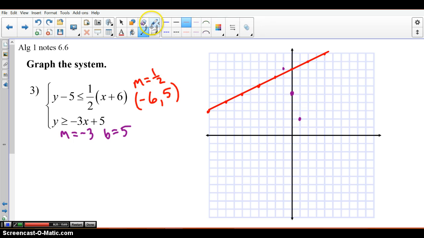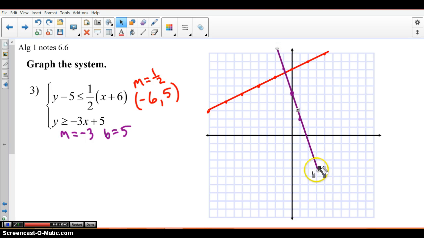So I'm going to go ahead and sketch this line. Now again, we have a solid line for the same reasons that we've had before. Whenever you have an equal to situation, not just a greater than or a less than, we're talking about a solid line.